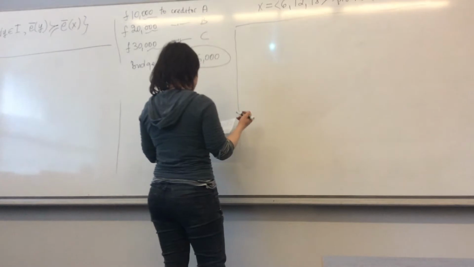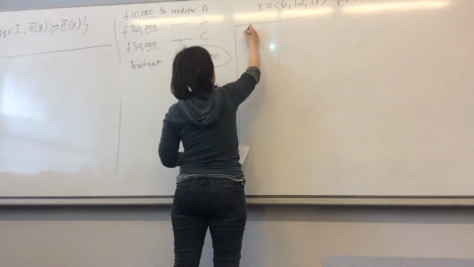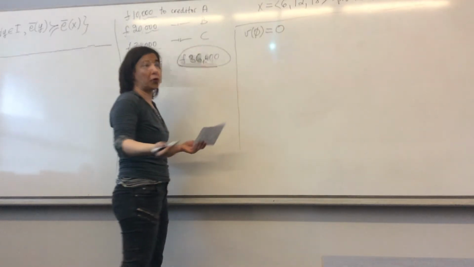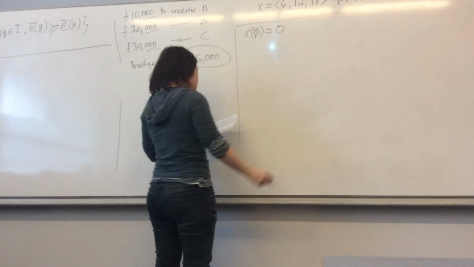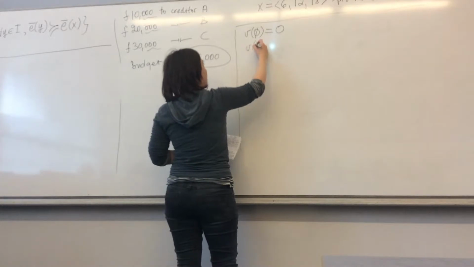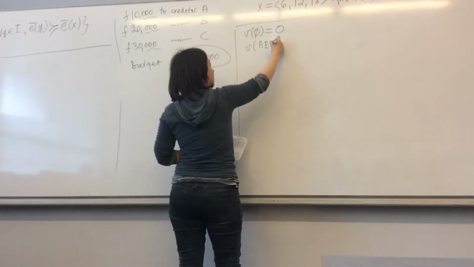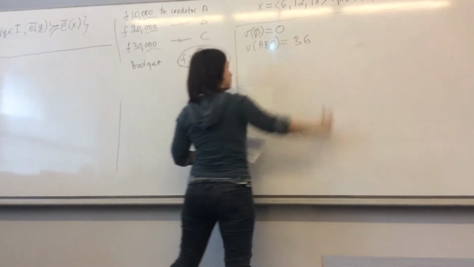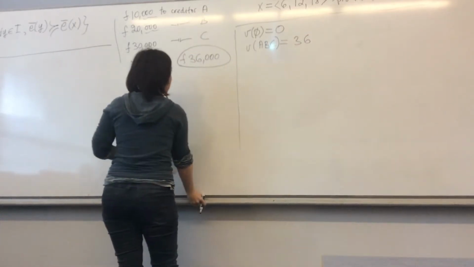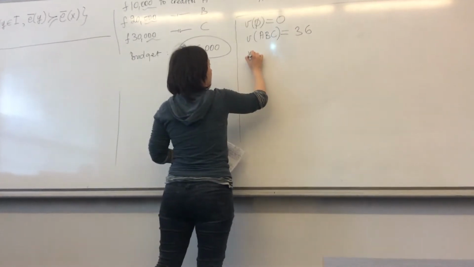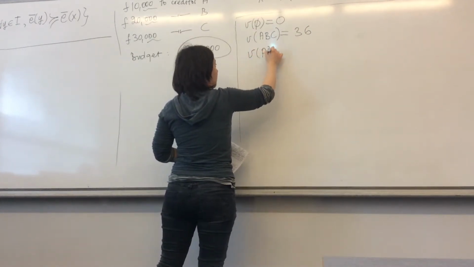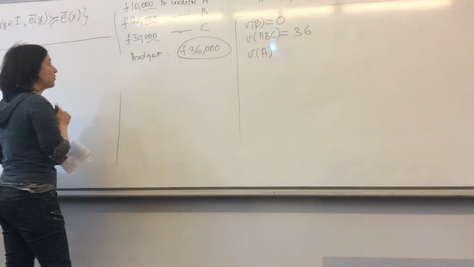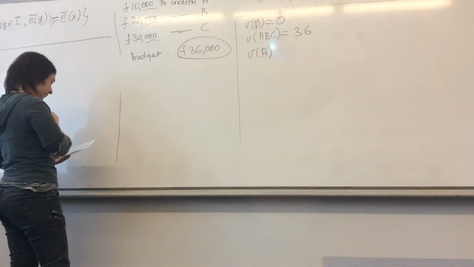So what would be the values of those coalitions? So the empty coalition would expect to get a payment of 0. The coalition of all three can together get the whole budget, so 36, right? And let's see what happens for the others. What would be the value of a coalition of a single creditor A?